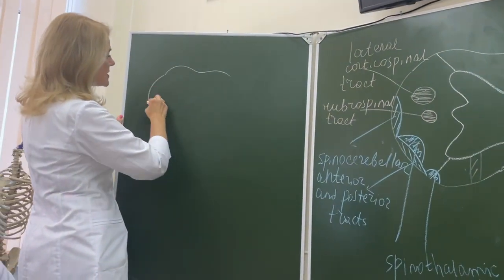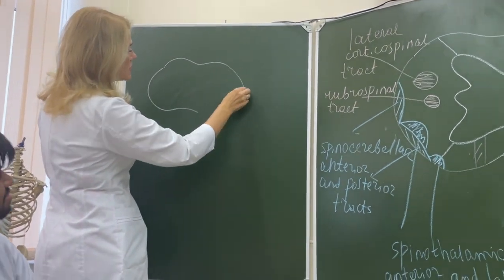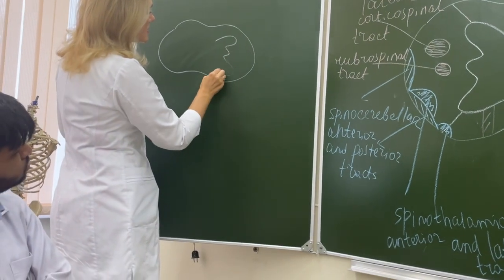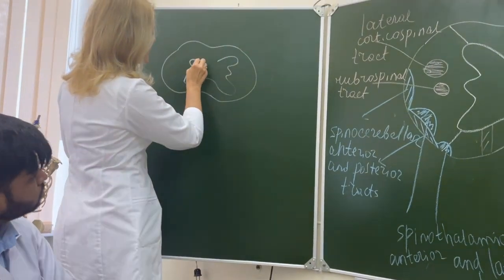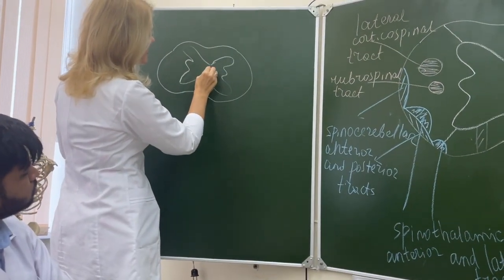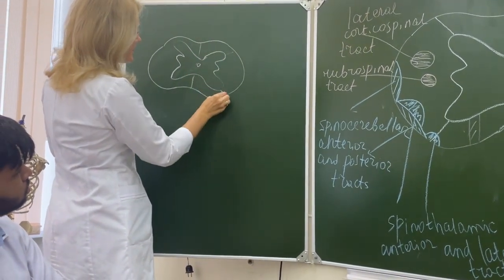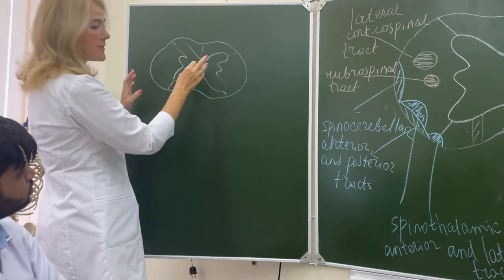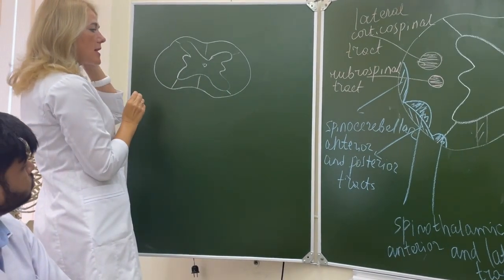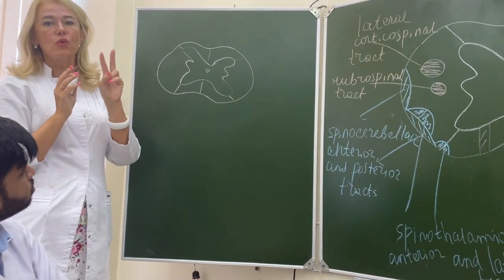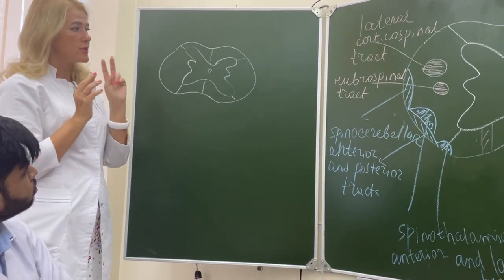Again, draw the transverse section of the spinal cord, please, because it's included in your practical skills: to be able to draw the simplest reflex arch. So the simplest reflex arch consists of at least two neurons.